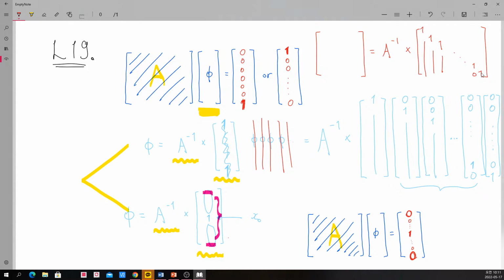Then finally, you can easily understand this one. All diagonal components are unity and all off-diagonal components are vanishing. This is just the identity matrix. So simply speaking, the collection of your phi function just becomes the inverse of your A matrix.